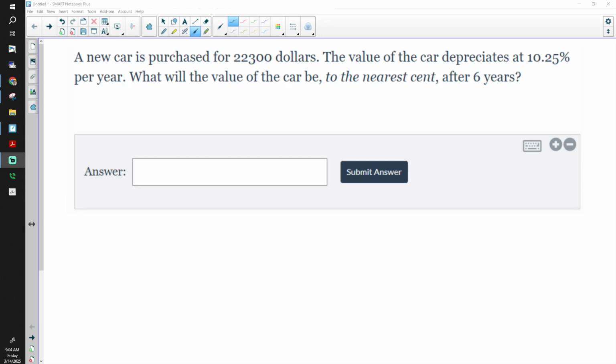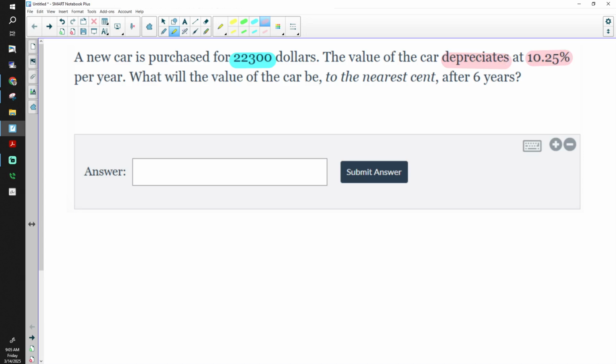So in our first category, we have story problems where we are evaluating and writing our function. A new car is purchased for $22,300. The value of the car depreciates at 10.25% per year.